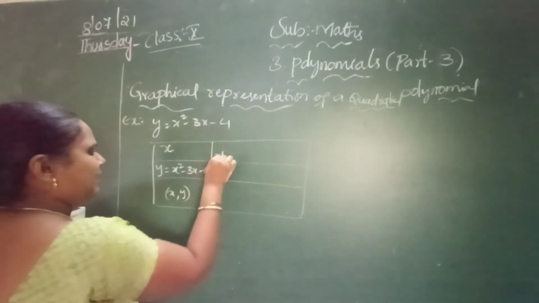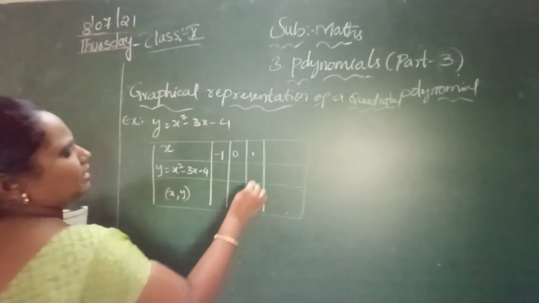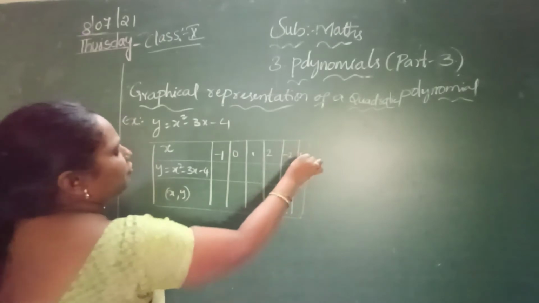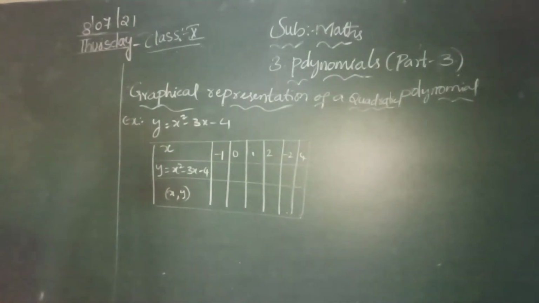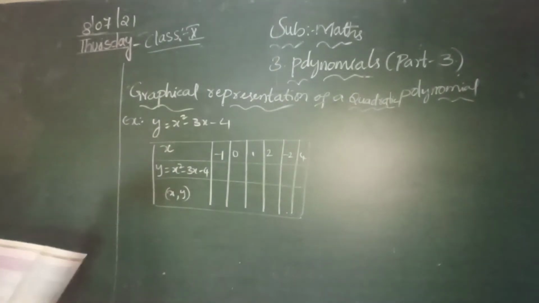So I am taking minus 1, 0, 1, 2, minus 2 and 4, 3, your wish. I am taking minus 1, 0, 1, 2, minus 2 and 4. These are the values of x of my choice.